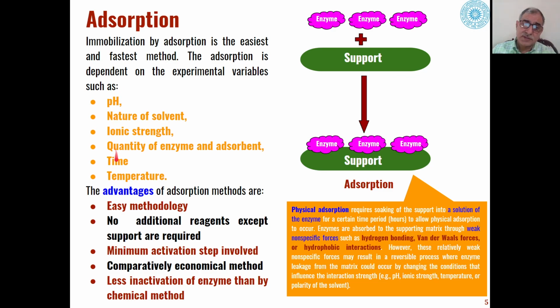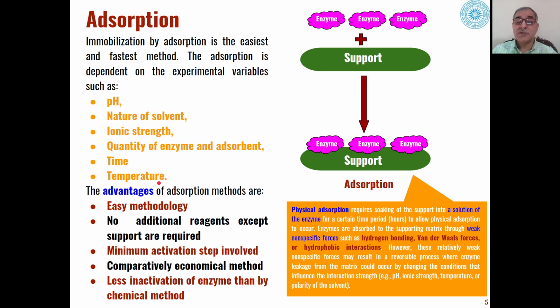And this type of immobilization depends on many factors like pH of the system, nature of the solvent which is being used for adsorption, the ionic strength of the medium in which the adsorption is taking place, the quantity of the enzyme and the adsorbent on which this enzyme will get adsorbed, and how much time we give to the process. This will also determine the quantitative nature of the adsorption in that particular process.